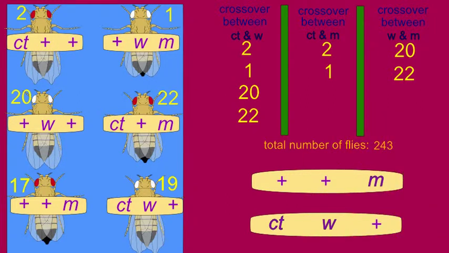Therefore, the numbers of these flies, the miniature males and the cut white males, can be added to the columns which represent a crossover event between miniature and cut and between miniature and white, since it was the miniature gene which moved relative to the other two.